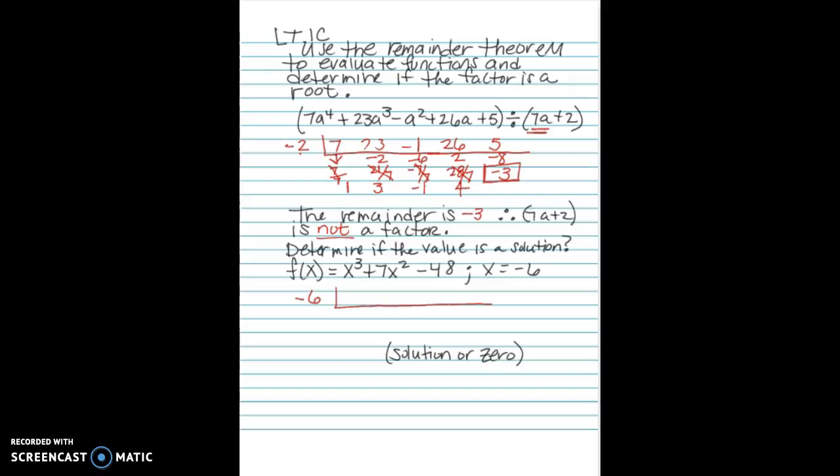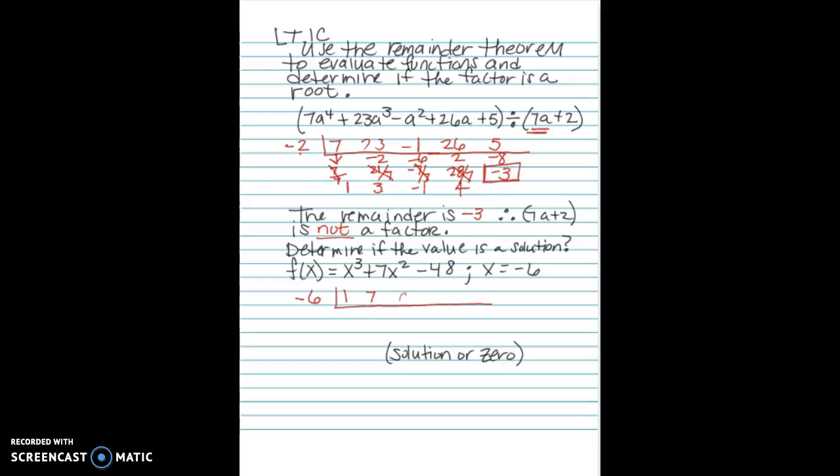I double check to make sure that I do have a placeholder for every term. This one starts with x cubed. It goes down to x squared. Oh, but then it goes to negative 48. It completely misses the x to the first term, so I have to put a 0 in that position.